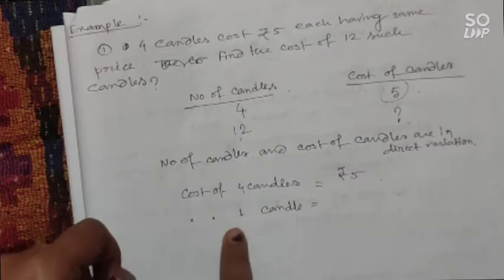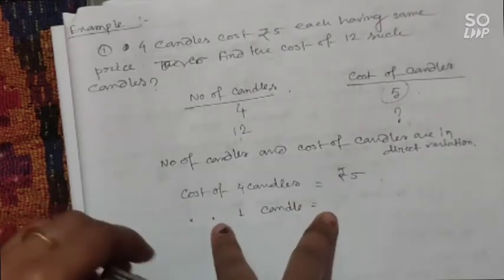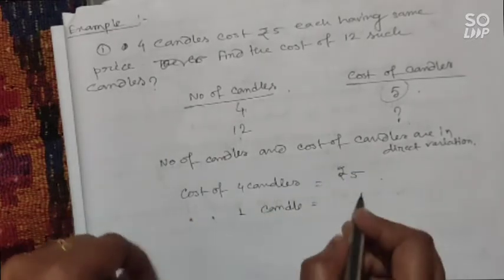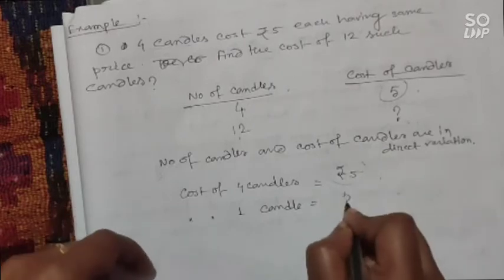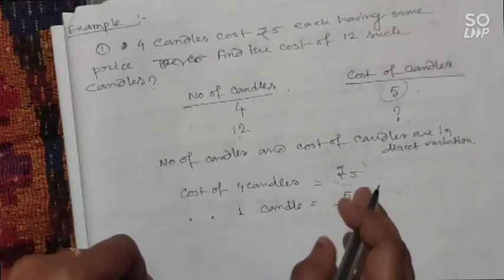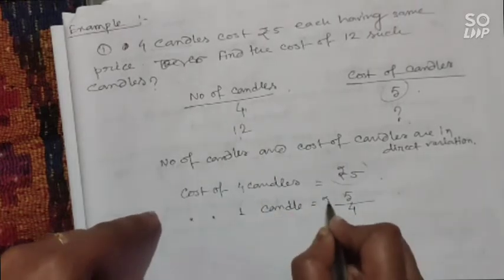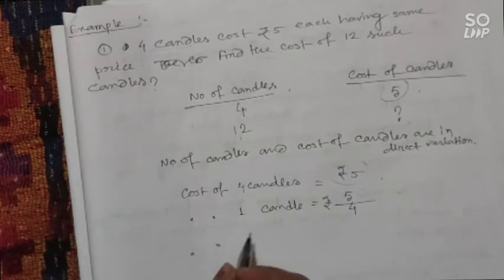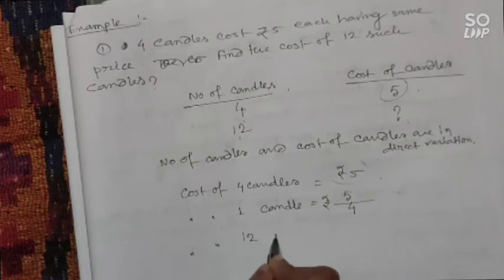So to find the one quantity, you have to do division. So the cost of 1 candle will be the cost of the given number of quantity divided by the given number of quantity. The given number is 4. So this much rupees. Next you have to find the cost of the required number of quantities, that is 12 candles.